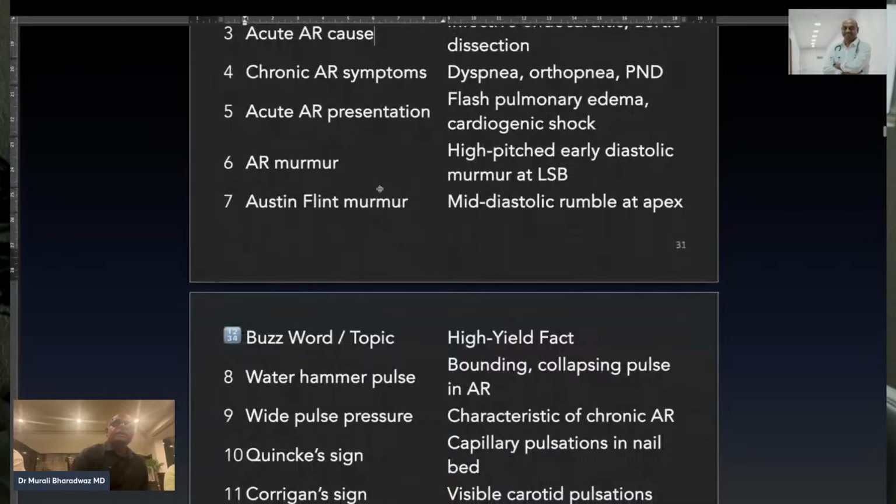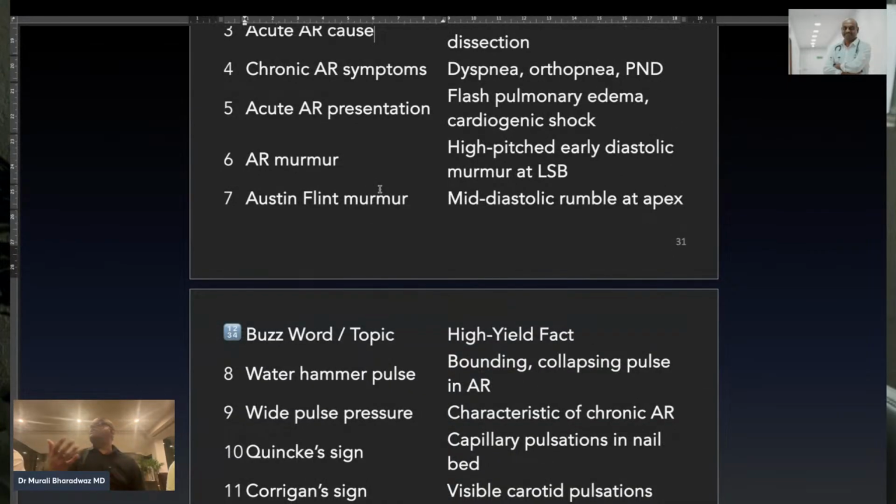AR murmur is an early diastolic high-pitched murmur in the neo-aortic area, which is located in the third left parasternal space. What is Austin Flint? It occurs when there is severe aortic regurgitation. When will aortic regurgitation occur, when the ventricle is in diastole or systole?